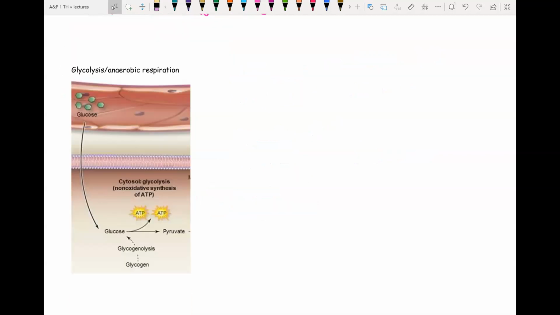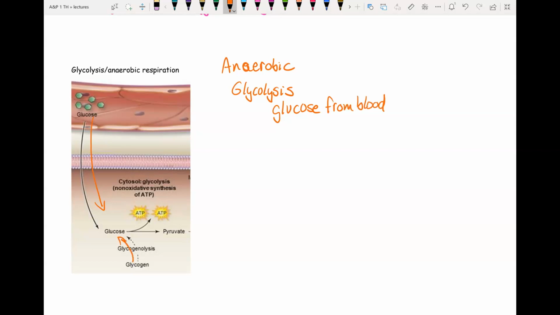All right, then the next one is anaerobic. This is where you just do glycolysis. So you can see you take glucose either from the blood or you get glucose from glycogen stored in the muscle.